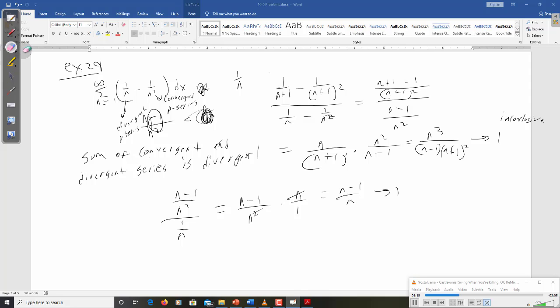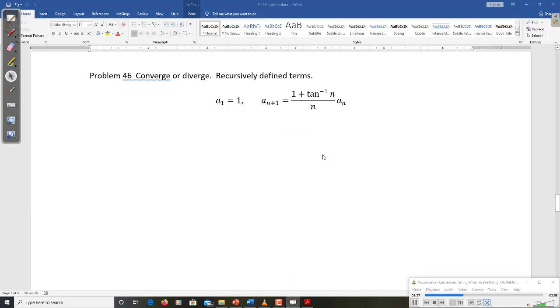So there we go. The next set of problems we're going to look at have recursively defined terms. This is actually set up really well for the ratio test, because remember, ratio test talks about convergence using this. Well, you can actually solve for this in a lot of recursively defined sequences. Like for this one, I just divide both sides by a sub n. A sub n plus 1 over a sub n is now 1 plus inverse tangent of n over n.